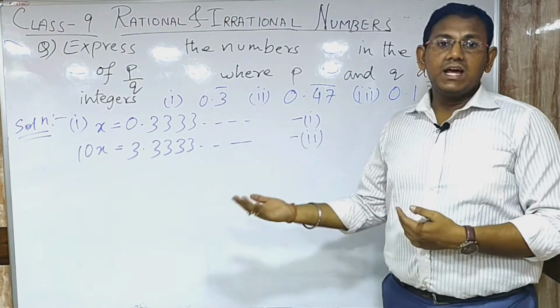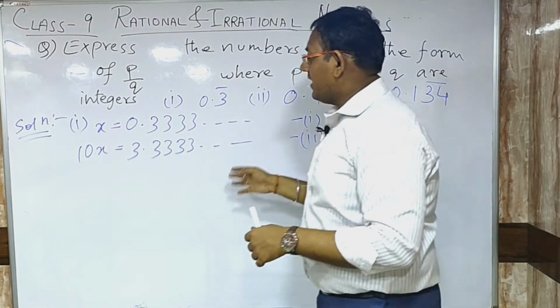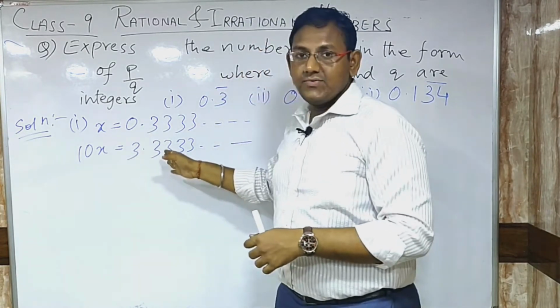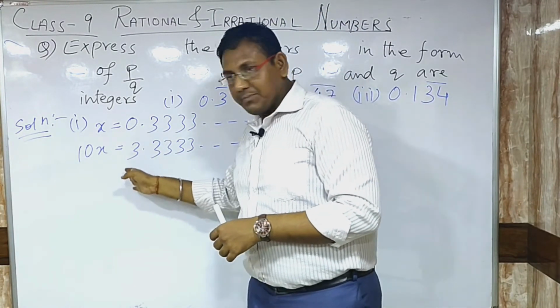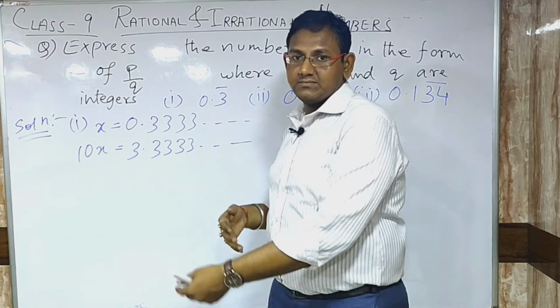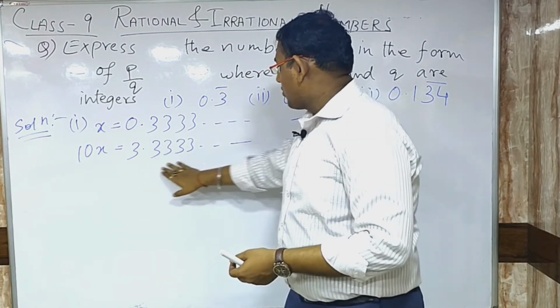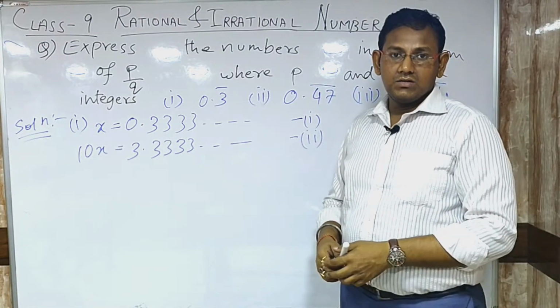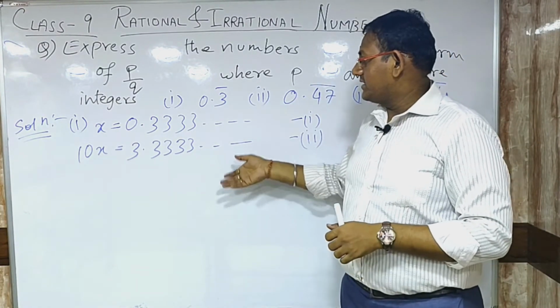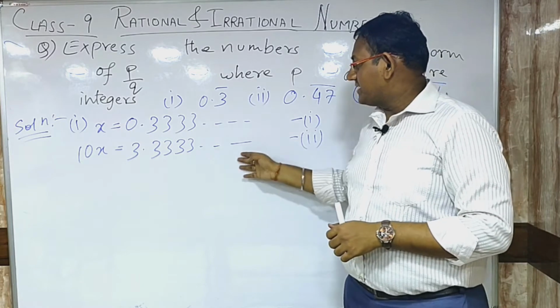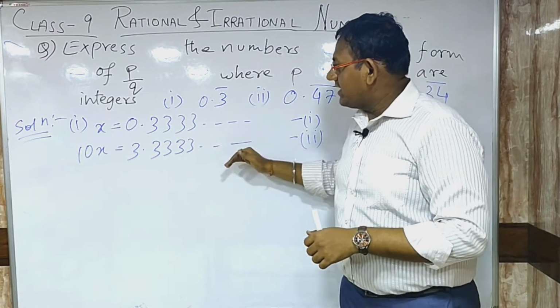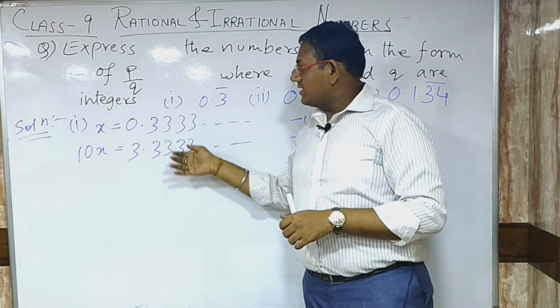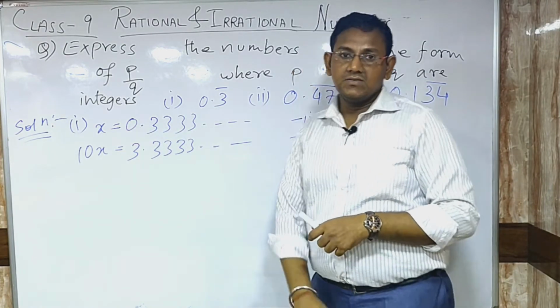It is infinite. So even if we multiply by 10 and take one 3 before the decimal place, the total number of 3's after the decimal cannot be figured out. That is why we consider that the total number of 3's after the decimal is identical to the total number of 3's in the first case.